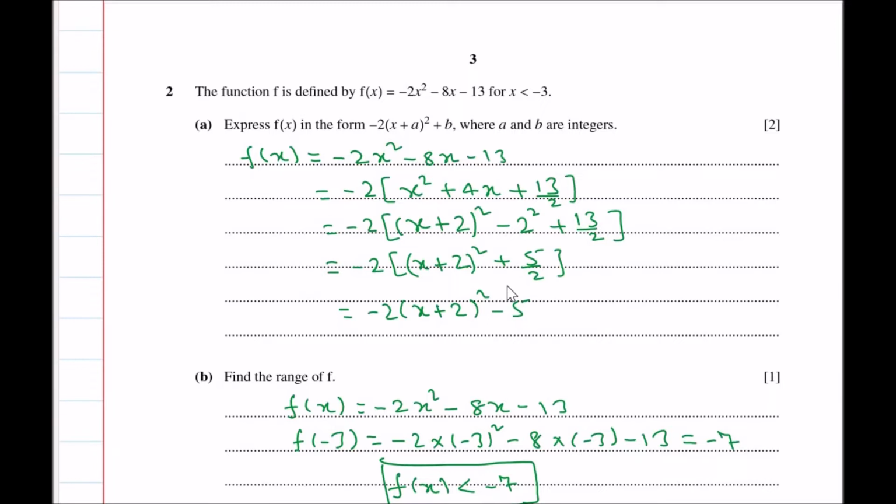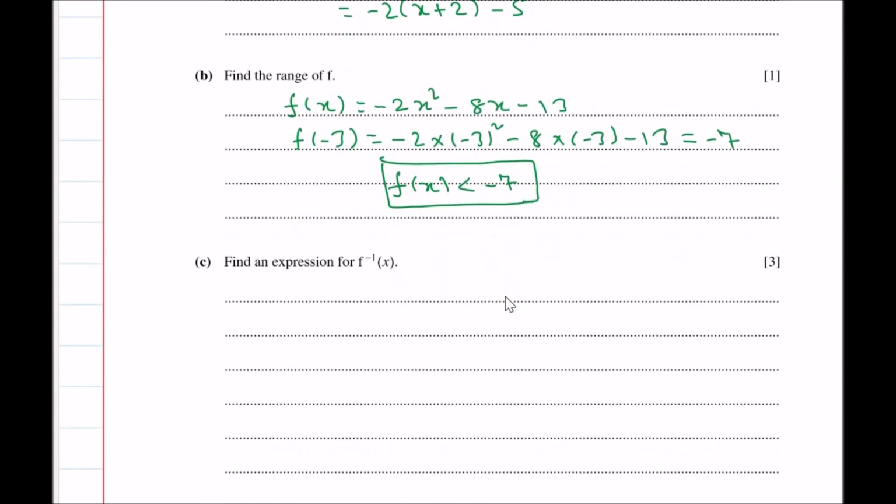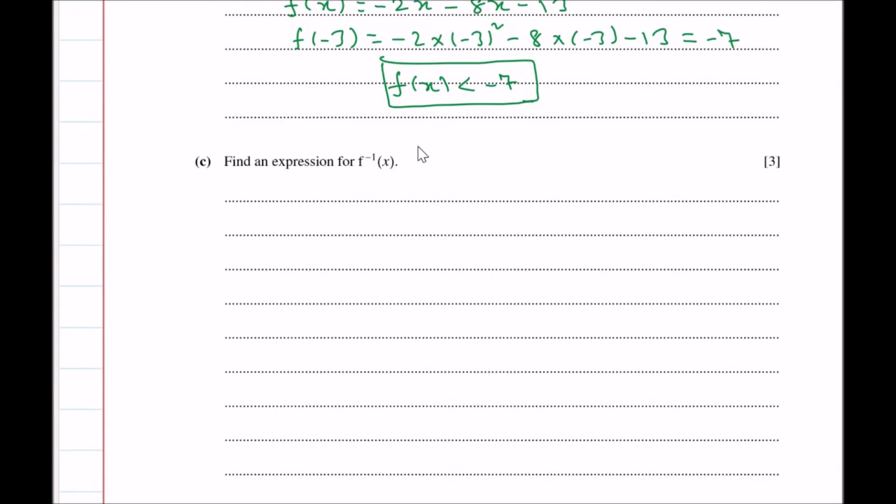So we need to take part A answer in part C to find the inverse. Okay, so let's take f x in completing square form we have already written, and that is minus 2 times x plus 2 whole square minus 5.